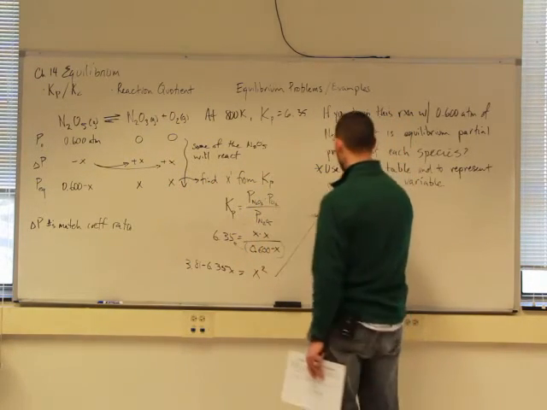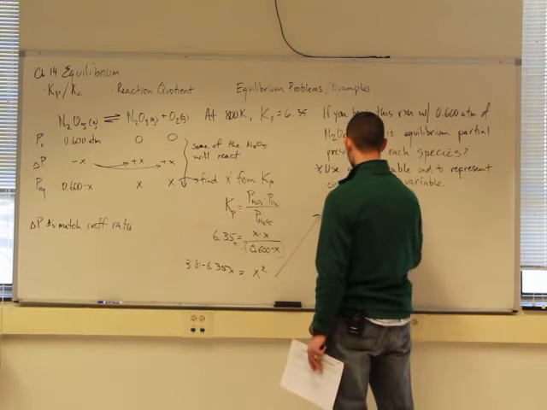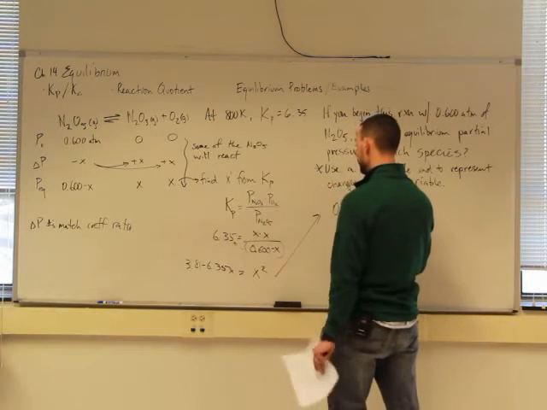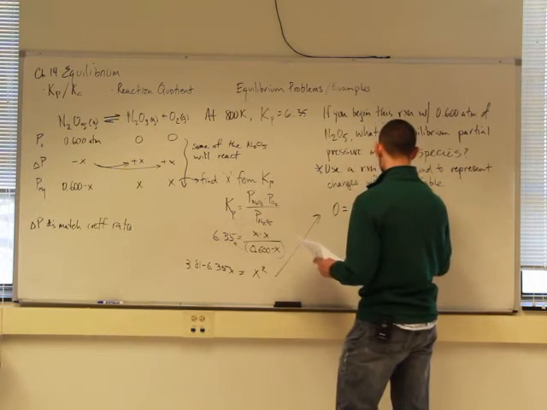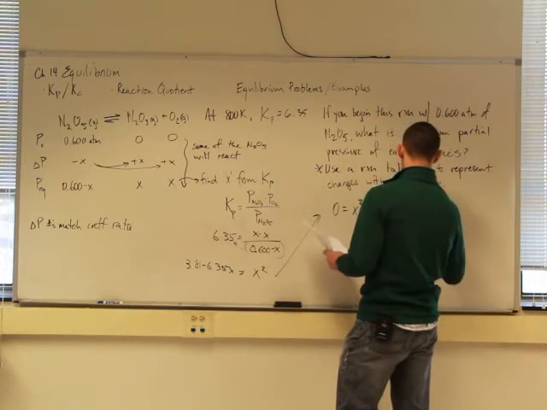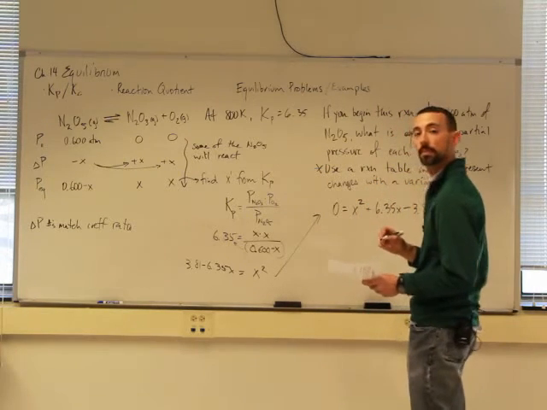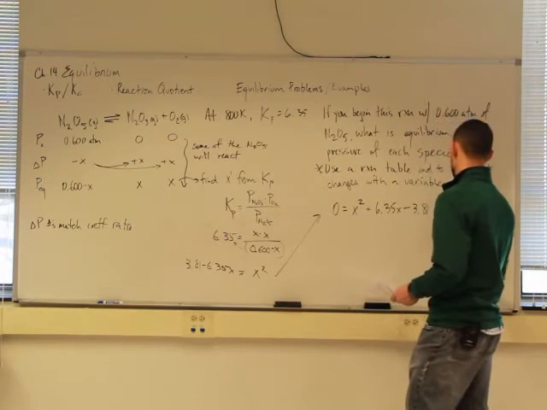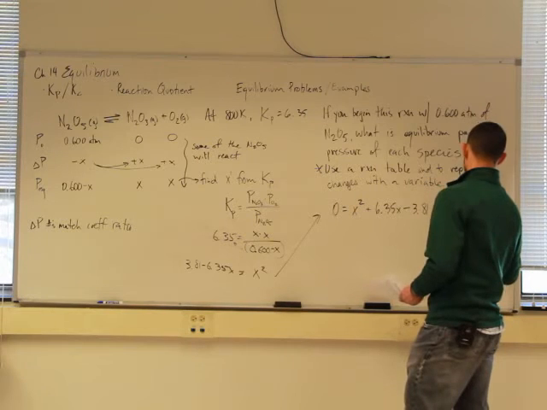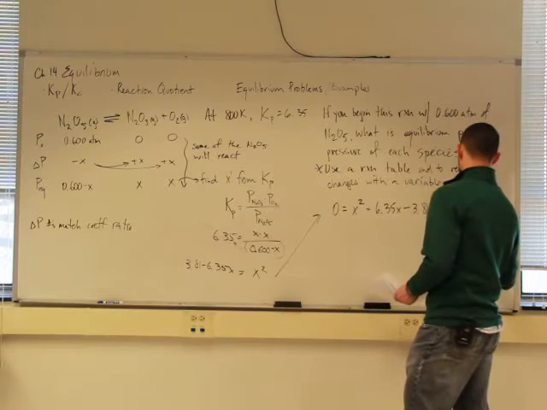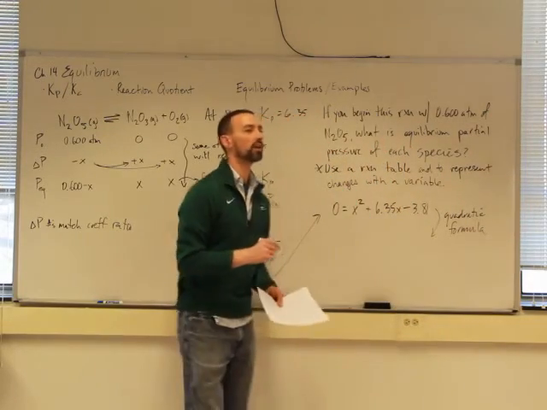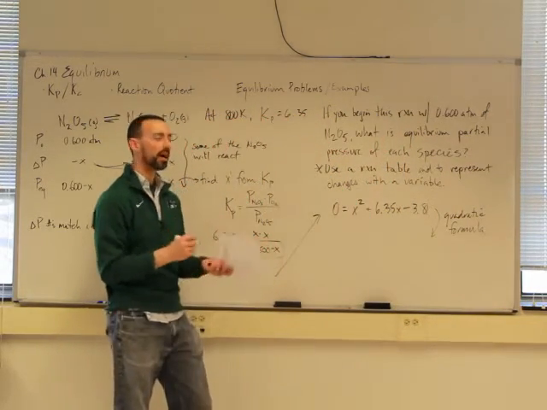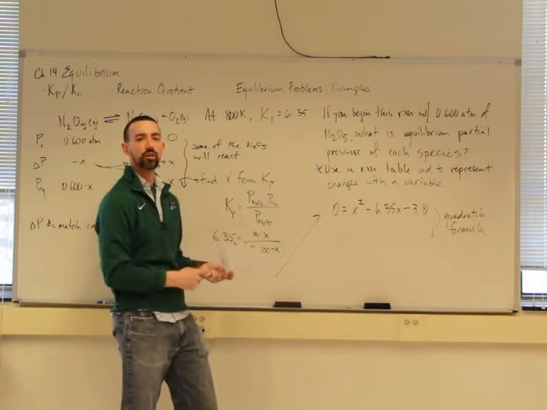Algebraically now, I have a polynomial. 0 equals x squared plus 6.35x minus 3.81. Really, the only way to solve this polynomial is for the two values of x that make it true.